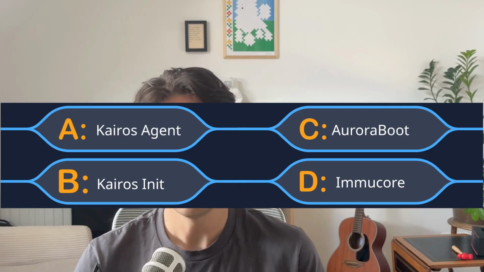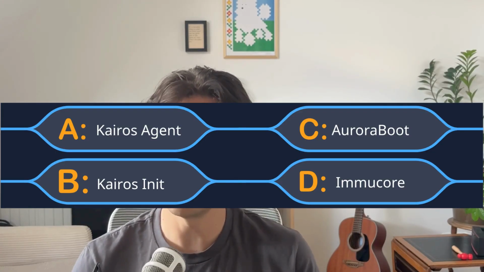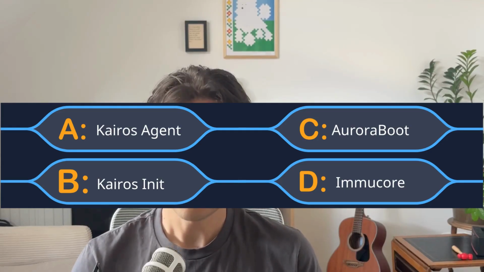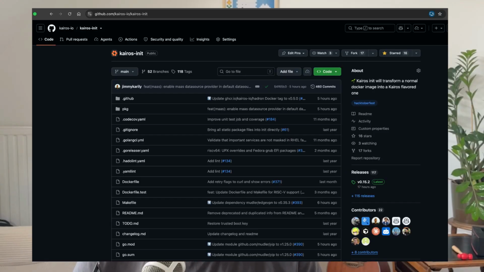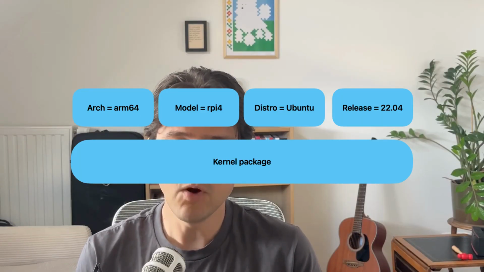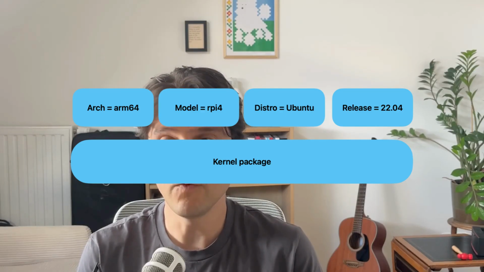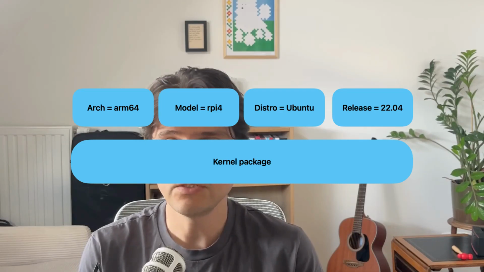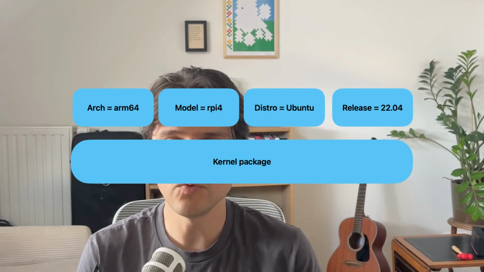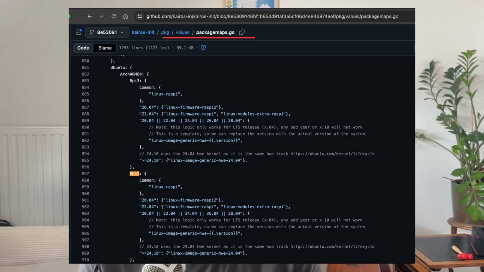All right, now that we have determined what the problem is, which part of Kairos is in charge of making sure that only the right kernel is in the system? That's Kairos init. Kairos init will take the architecture, this would be in this case ARM64, the model, in this case Raspberry Pi 4, the distribution, which is Ubuntu, and the release 2204. And from there, in this file called package maps, it will identify which are the different kernels that it is going to install for your system.